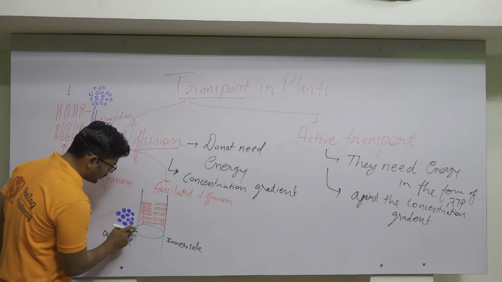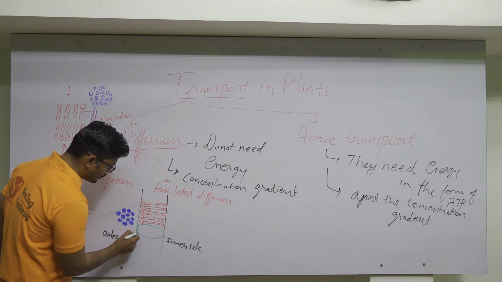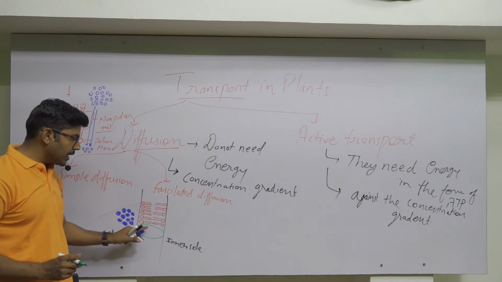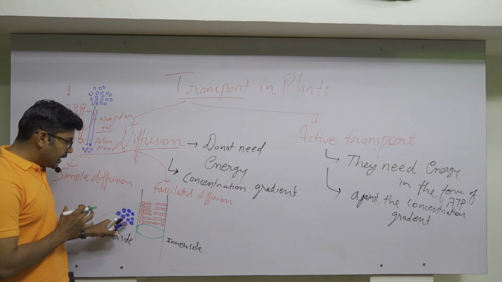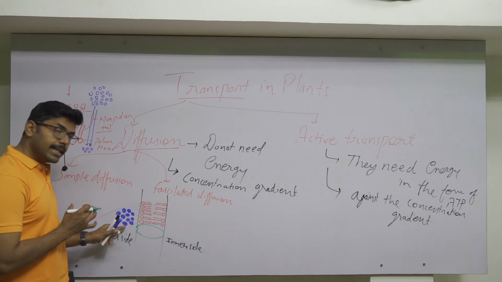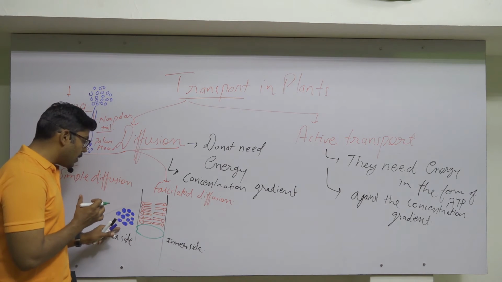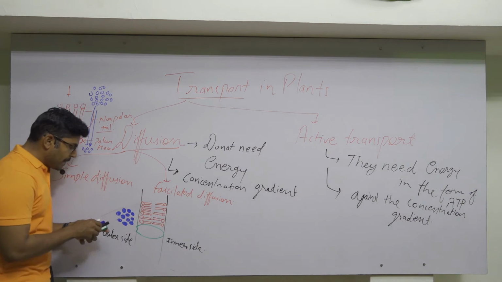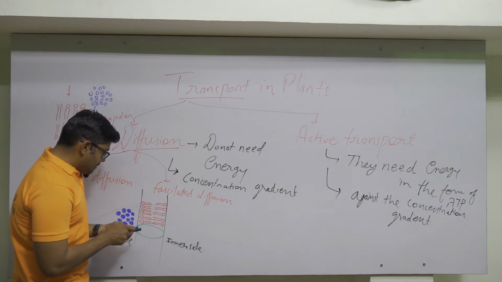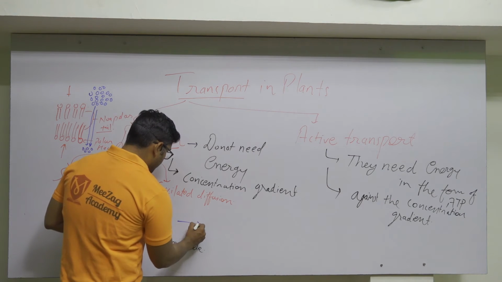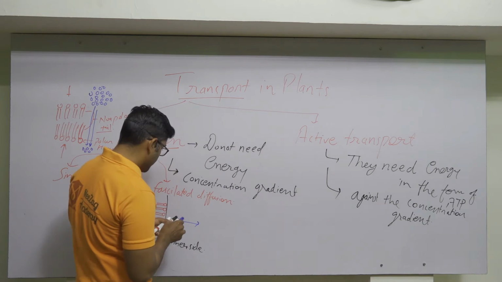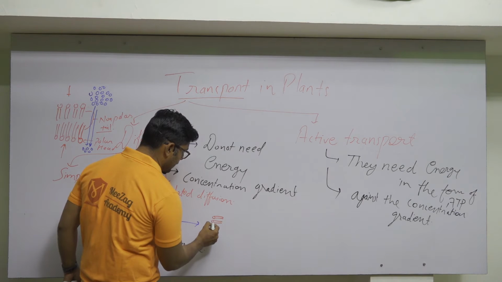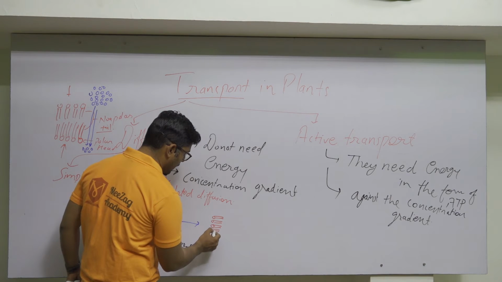This is called a carrier protein, and this carrier protein facilitates the transportation from the outer side to the inner side. Get it? So what happened? The next thing will be, so here it is again the outer side.